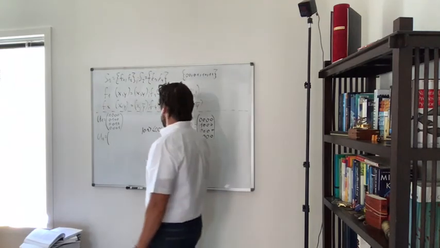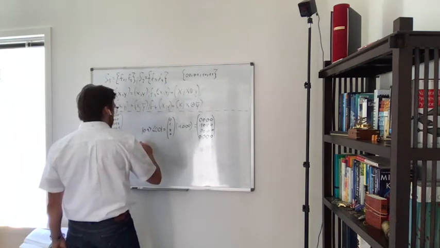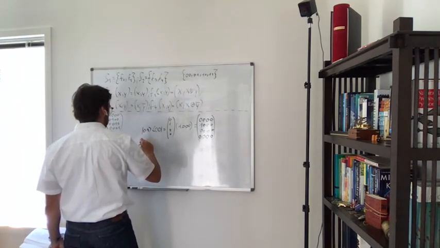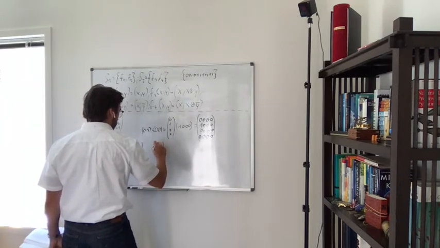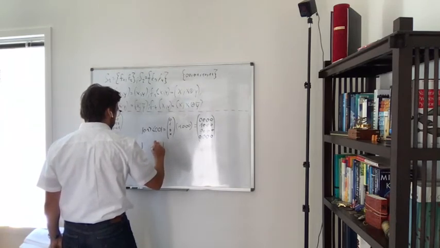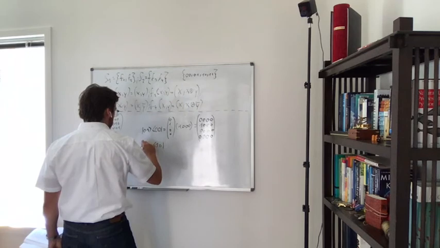Right? And then you would do that for all of the possible inputs. So here in that case, if we start with 1, 0, the result would be 1, 1.